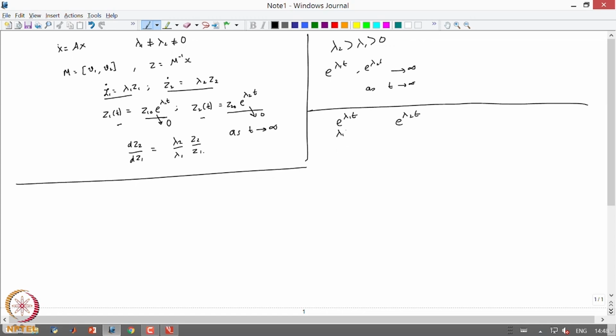Lambda 1 is greater than 0, so this is my unstable eigenvalue, and of course, the corresponding eigenvector will be called the unstable eigenvector. Lambda 2 is less than 0 and I will call this the stable eigenvalue.